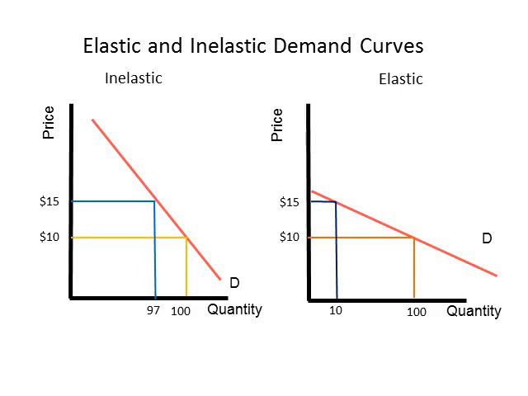Let's say that the price of a good costs a customer $10 and the customer is willing to buy 100 units of the good. So on the graph, go down to $10 and draw a line from the price axis to the demand curve and then from the demand curve to the quantity axis, in our example 100 units.